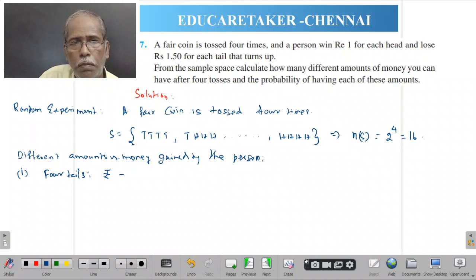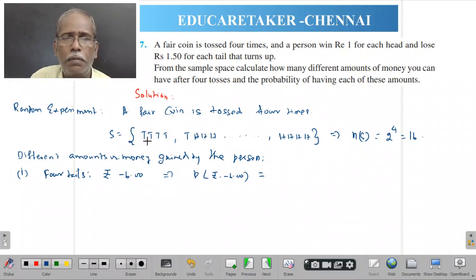What is the amount? Minus 6 rupees. Then the corresponding probability to get minus 6 rupees, and 4 tails means only 1 out of 16.